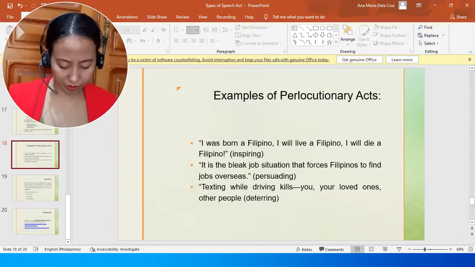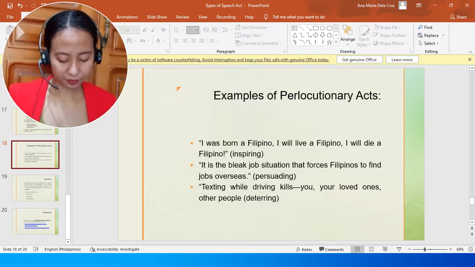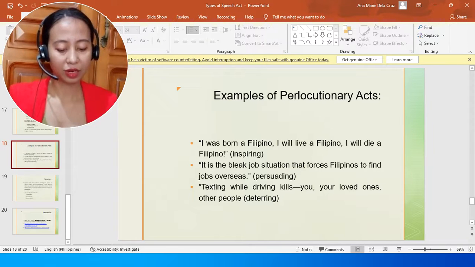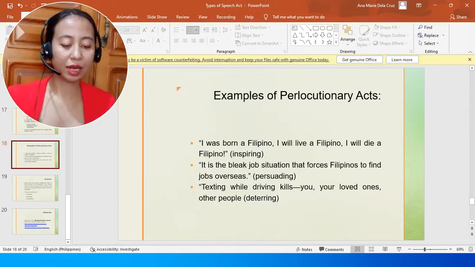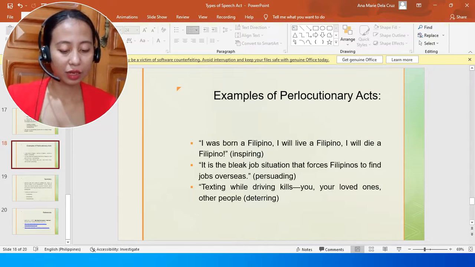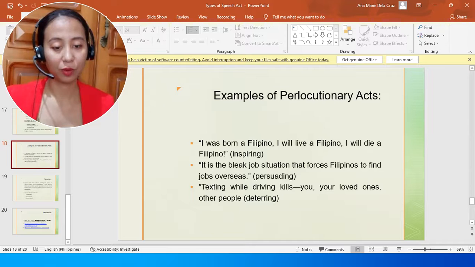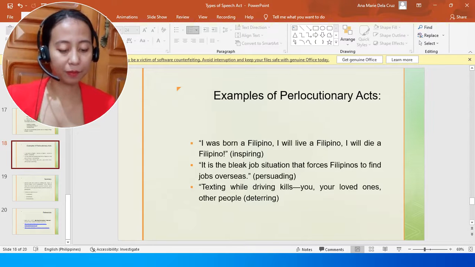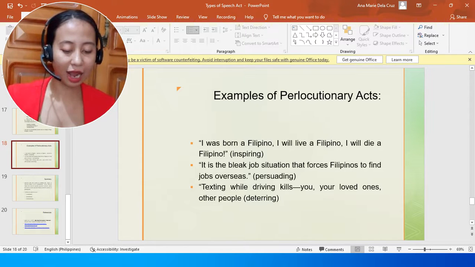Another example here, consider a negotiation with a hostage taker under siege. The police negotiator says, "If you release the children, we'll allow the press to publish your demands." In making the utterance, she had offered a deal. When someone offers a deal, that is an illocutionary act.